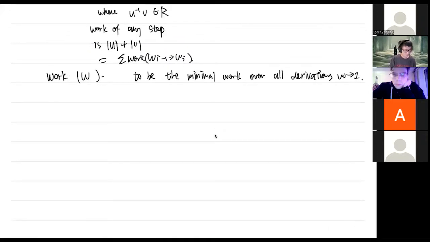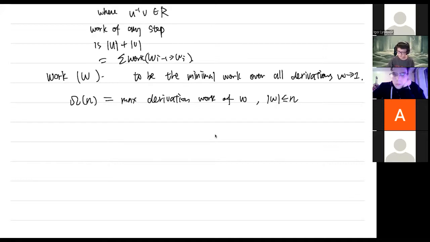The derivation work function, what's the notation? It's sigma of n, the maximum derivation work of W, where W has length less than or equal to n. So that's the derivation work function.